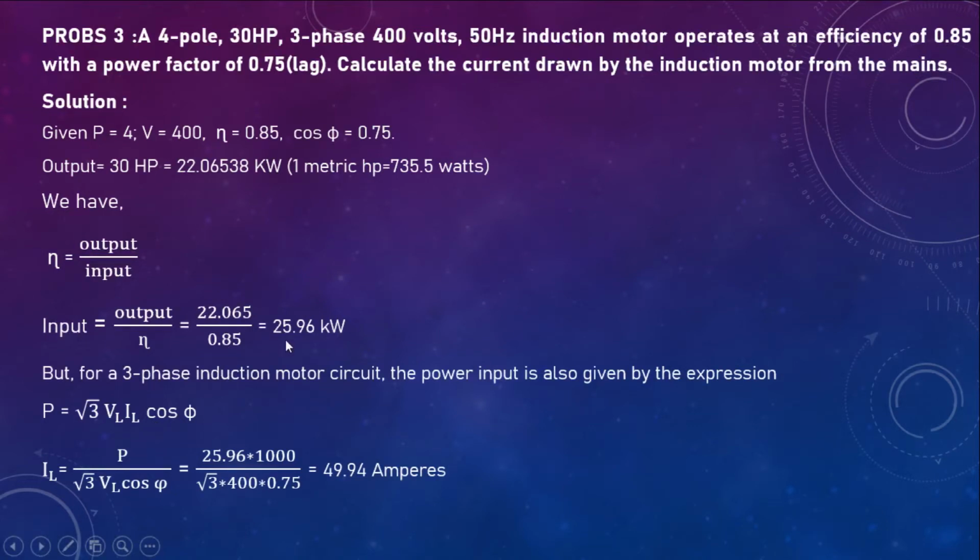Input is equal to output by efficiency. Efficiency is 85%, and we get input as 25.96 kilowatts. Convert into watts, divide by root 3 into VL, which is 400 volts, and the power factor given, and we can find the line current straight away as 49.94 amperes.